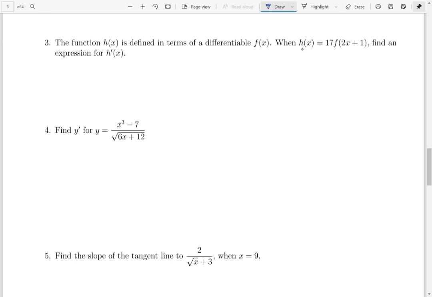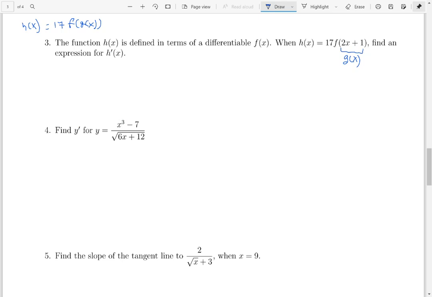So, let's say that h of x is equal to 17 times f of 2x plus 1. Now, to change our notation to make it match up, let's just call 2x plus 1 our g of x. Then we could think of h of x as 17 times f of g of x.